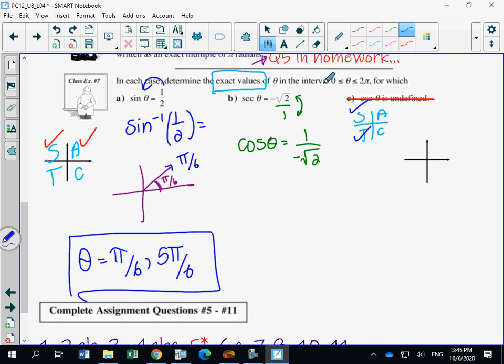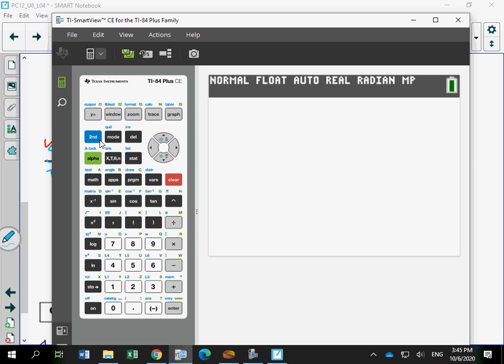From there, let's find the reference angle. The reference angle is the inverse cos of the absolute value of 1 over root 2. So the inverse cos of the absolute value of 1 divided by the square root of 2.